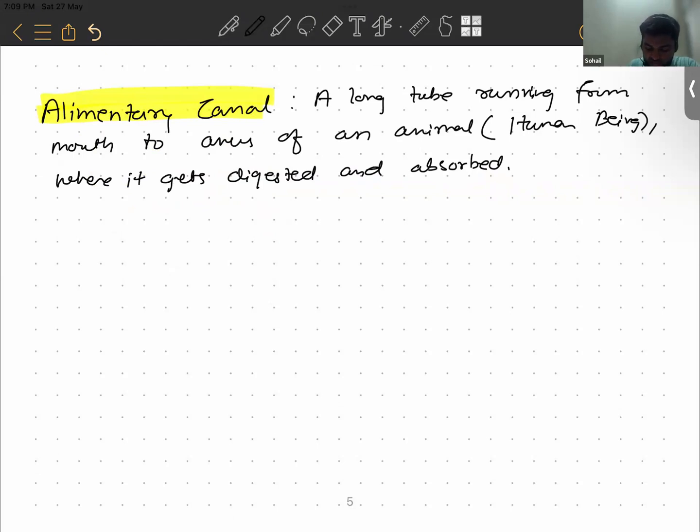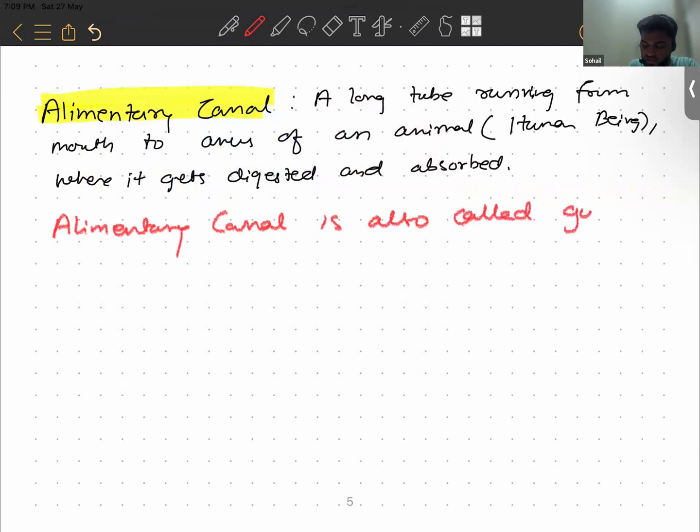So we say that the alimentary canal is also called gut or digestive tract. Any idea, Mafaz, why we are calling it digestive tract? Sir, because it is the tract of digestion. Yes, exactly.